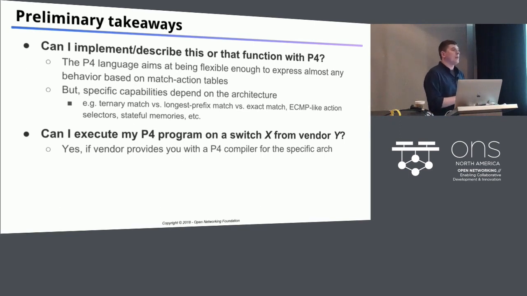And by capabilities, I mean, for example, the availability of a ternary match versus longest prefix match or exact match, the availability of a component that allows me to do something like ECMP, where I can hash traffic onto multiple ports, the availability of stateful memories that allow me to do some more advanced processing, for example, TCP connection tracking directly on data plane. So these capabilities are usually defined in the architecture file. You won't find any reference to this in the P4 language specification.